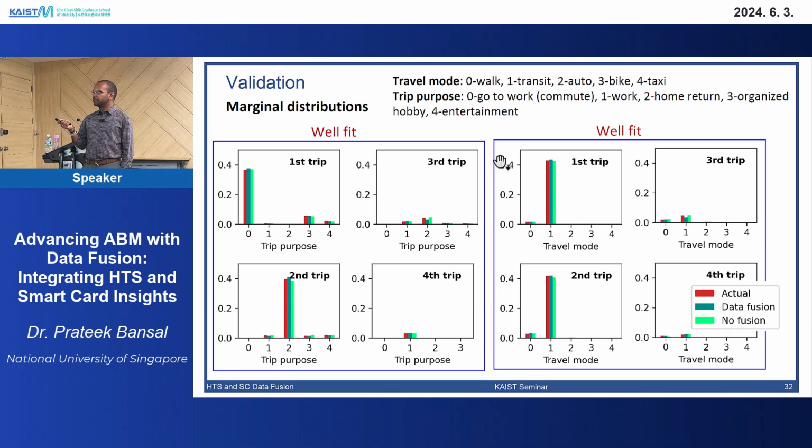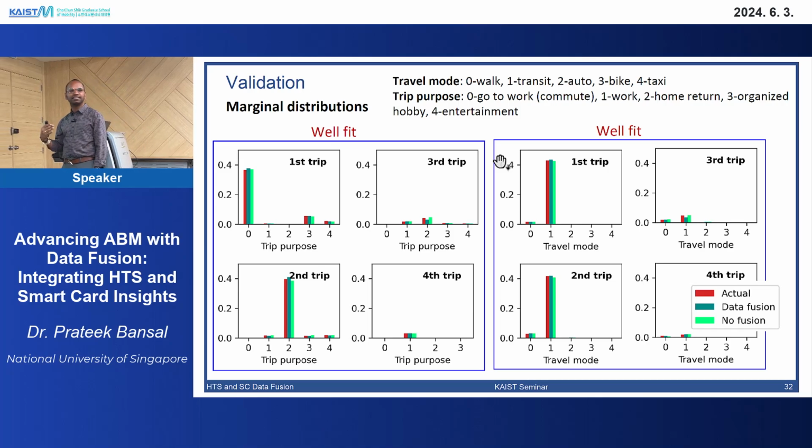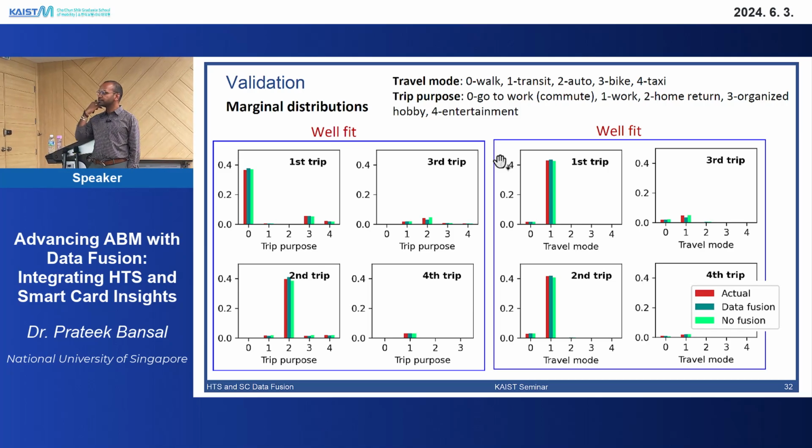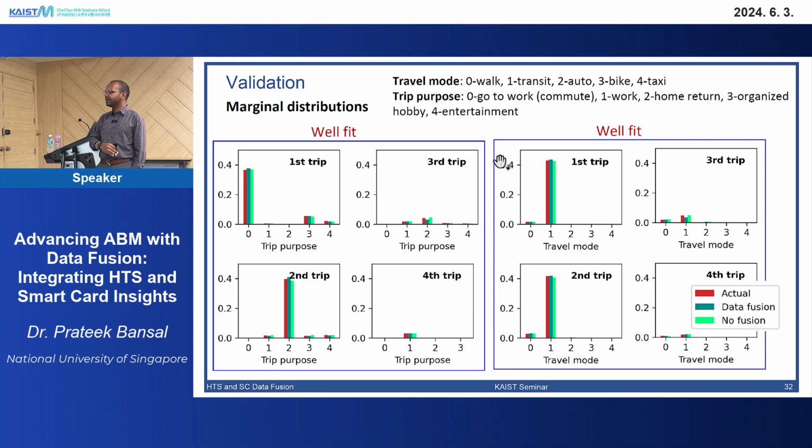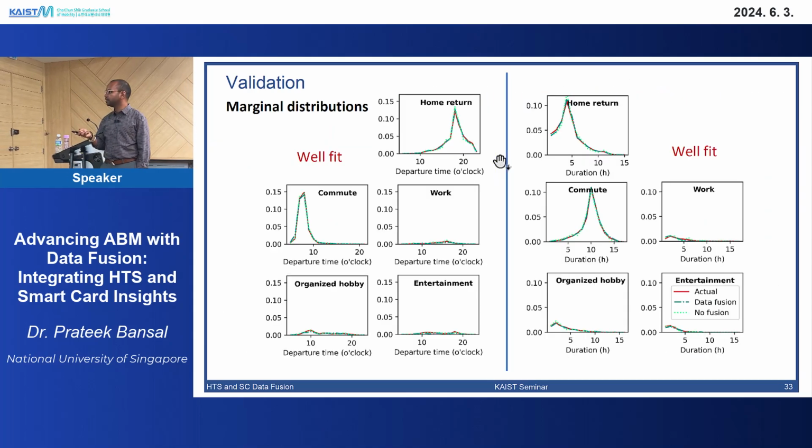The distributions fit very well, and we are showing not just one trip but the first, second, third, and fourth trips in the sequence. The distributions for the trip purpose fit pretty well with the actual data in both the data fusion and the no fusion cases. So this is good: fusion is not creating infeasible attribute combinations.